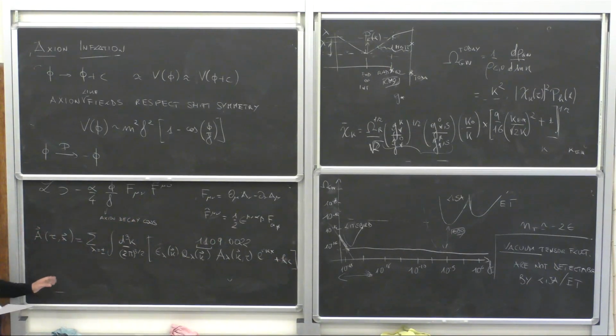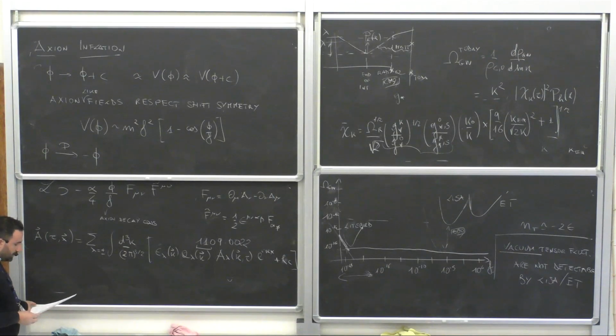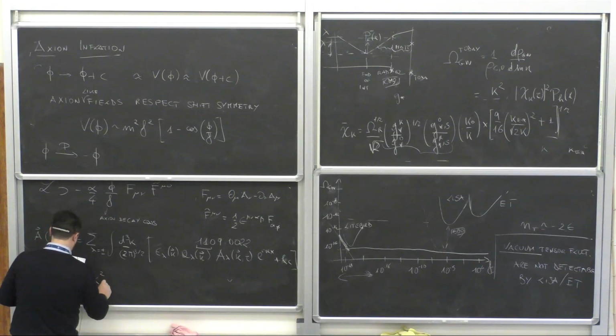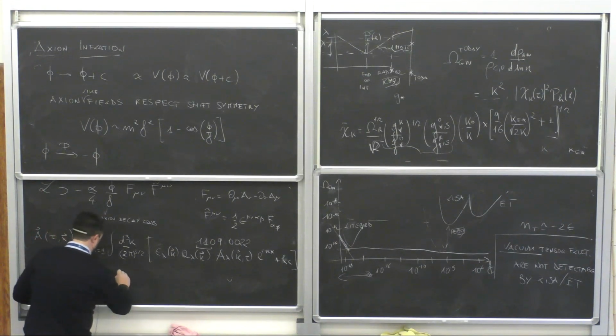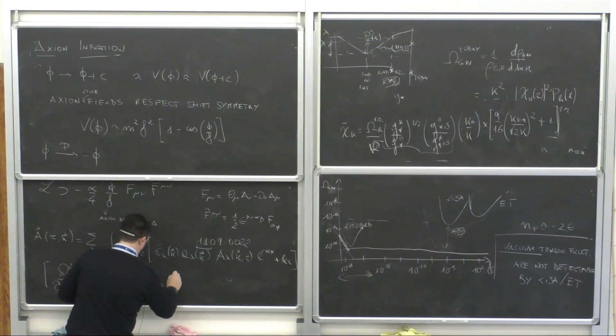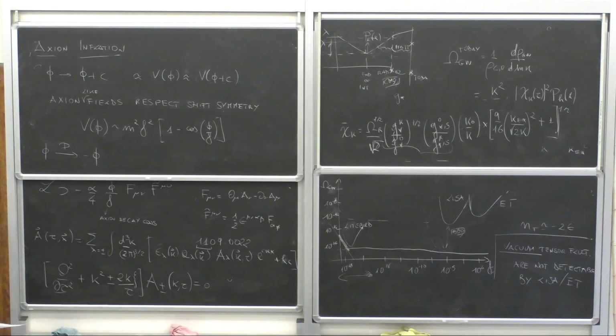So you decompose your gauge field and move into Fourier space. If you move into Fourier space, the equation of motion for this gauge field is the following. This is the equation of motion.